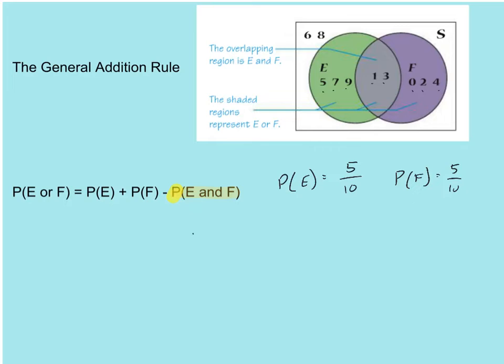If I want the probability of E or F, and I start out just adding 5 over 10 plus 5 over 10, that equals 10 over 10. That doesn't make sense. The reason that is not correct is I've counted the 1 and the 3, those two numbers, twice. They're represented in the 5/10 there and in the 5/10 there. So the purpose of the minus P of E and F in the formula is to take out the double counting. We counted them twice, so we subtract out once.